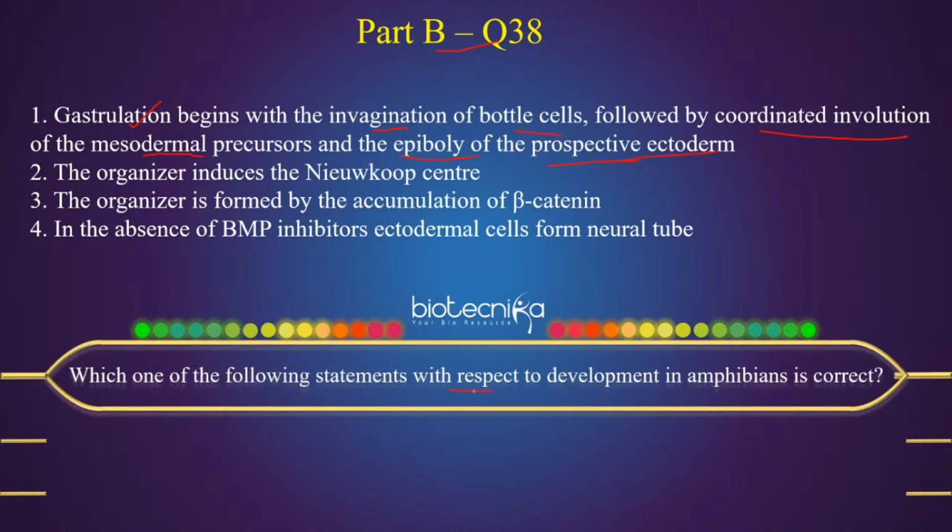You have to say which of the statements is correct regarding amphibian development. The organizer induces the Nieuwkoop center. The organizer is formed by accumulation of beta catenin. And in the absence of BMP inhibitors, the ectodermal cells will form the neural tube.